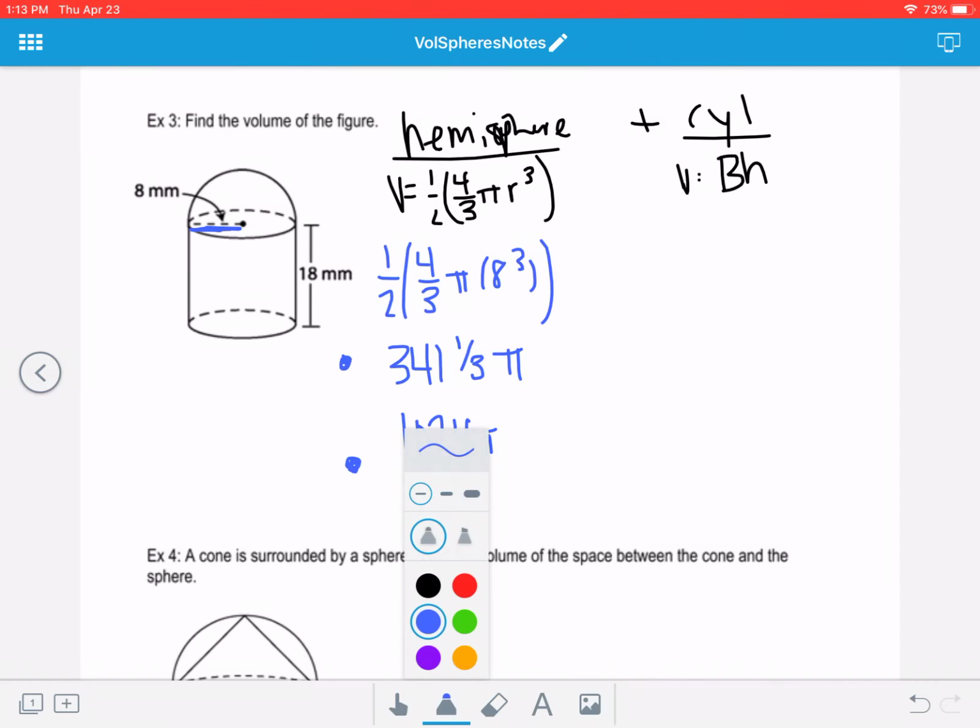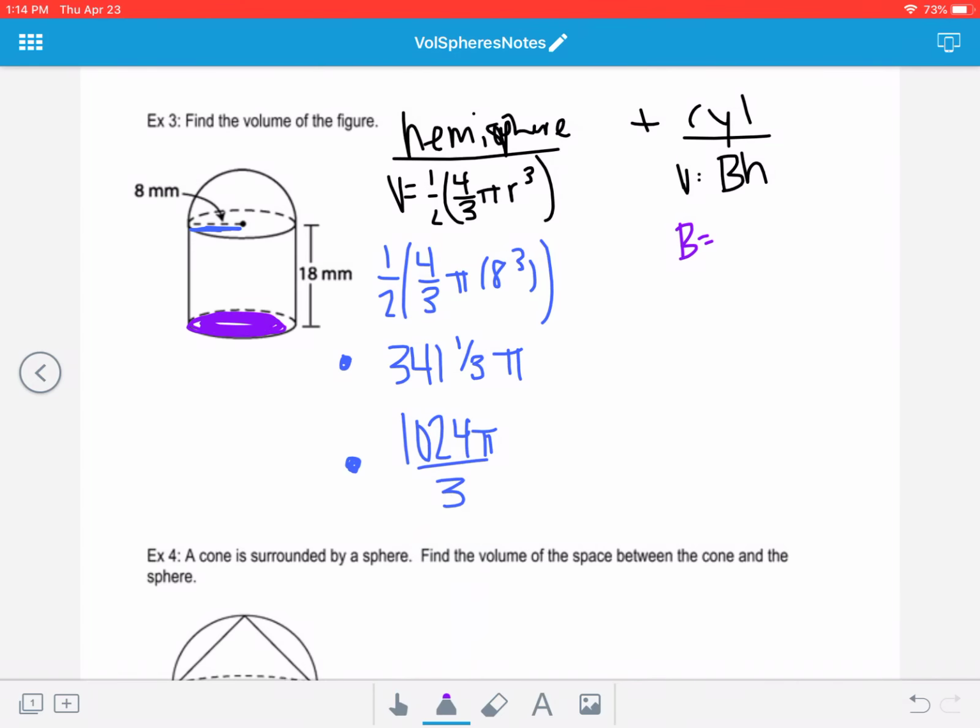Now I need to go through and find the volume of the cylinder, which is big B times H. Remember, big B, area of the base. Well, on a cylinder, the shape of the base is a circle. So to find the area of a circle, it's pi radius squared. The radius is the same as the radius of the hemisphere, so pi times 8 squared gives me 64 pi.